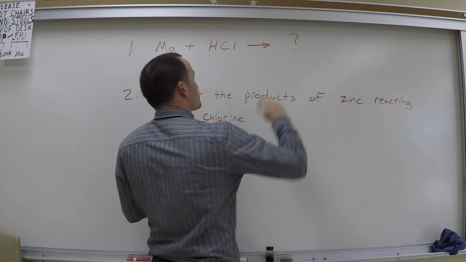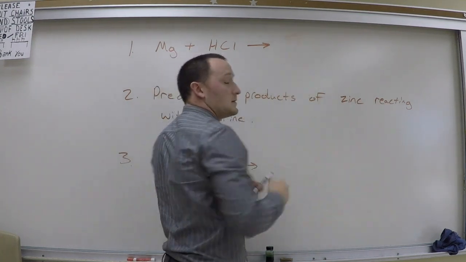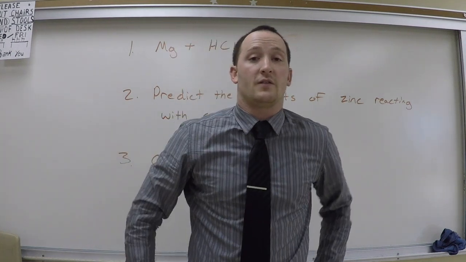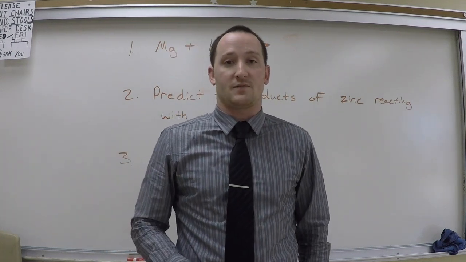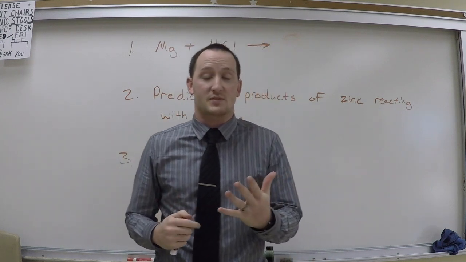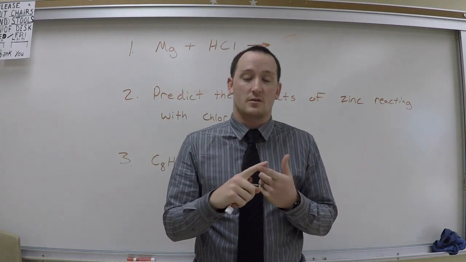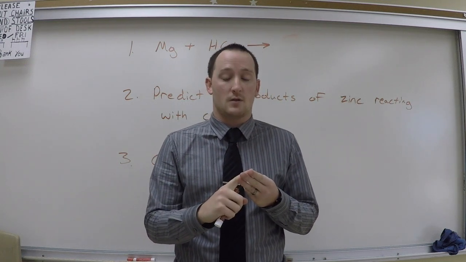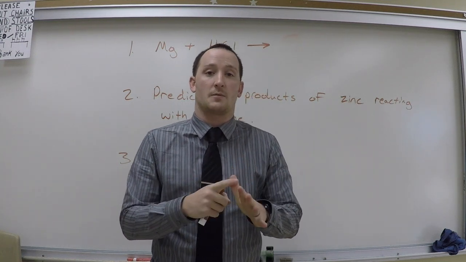So what do we do? All of this stems back to a video that I made that is called Identifying Types of Chemical Reactions. So we talked about in that video that there are 5 types. There's a synthesis reaction, a single replacement reaction, a double replacement reaction, a decomposition, and a combustion.